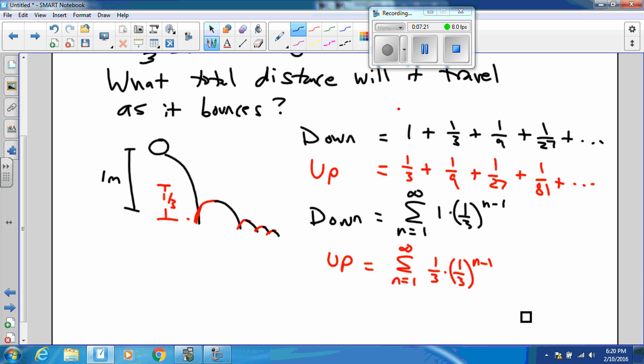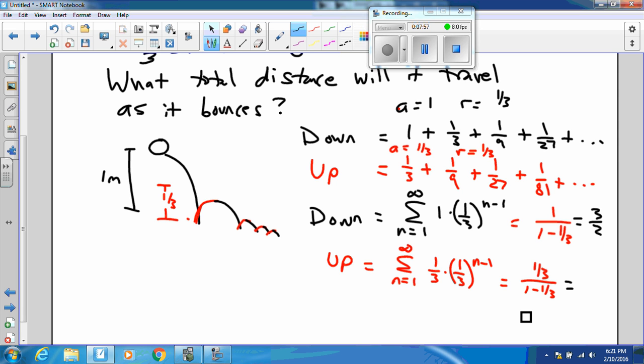And you can see how easy it is to pick the a and the r out of the unrolled series that we have right here. And having done so, we see that the r is less than 1 for each of these, so that I can immediately write the sum of my series as a over 1 minus r here, and a over 1 minus r here.